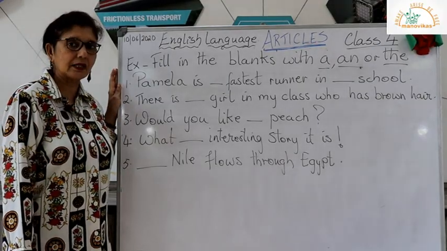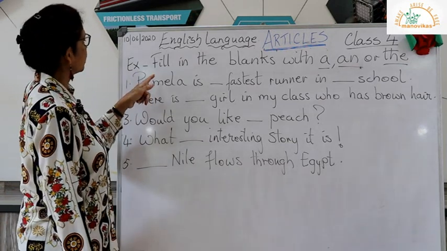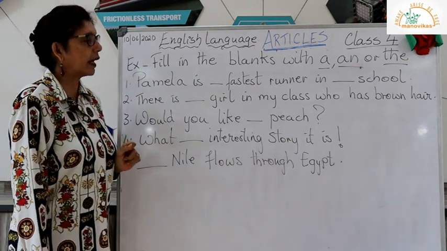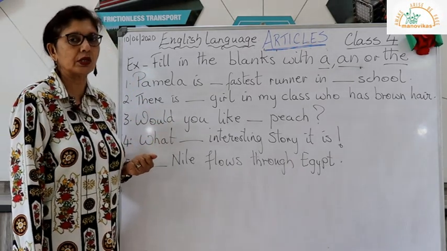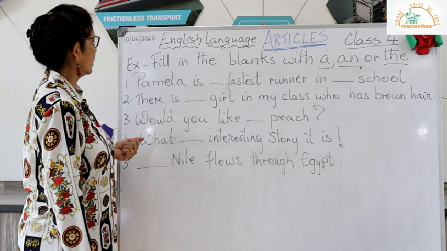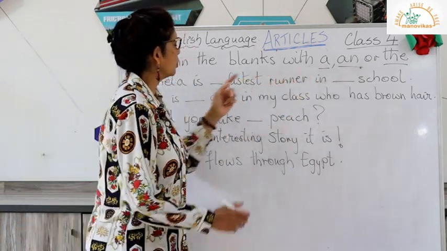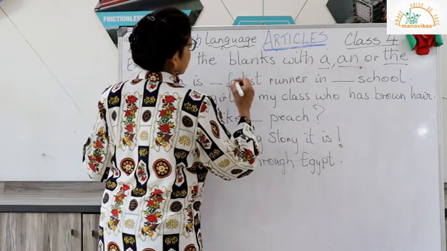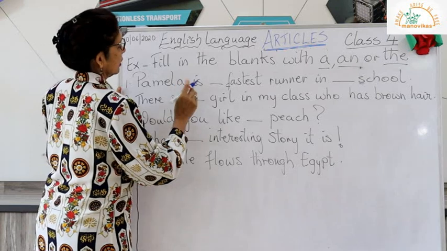So let's do this last exercise for the day. Fill in the blanks with a, an, or the. So let's learn a little better when to use a, an, or the. Now Pamela is dash fastest runner in dash school. So here this is a consonant and this is also a consonant.